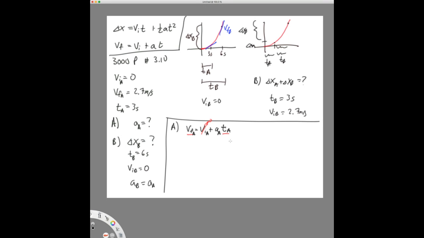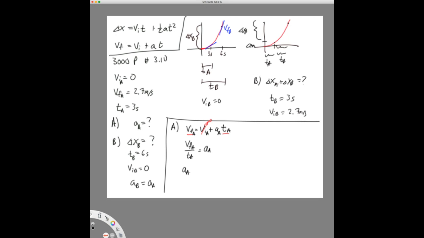So we can now do algebra and solve for A sub A. Since the velocity initial just disappeared, I have V final A equals AA times TA, and it's real easy. To get the A by itself, I just divide by TA. So V final A over TA equals acceleration A.